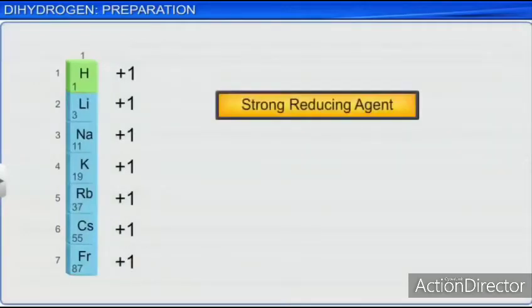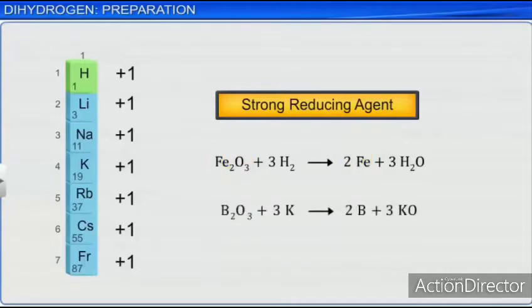For example, it reduces iron 3 oxide to iron, which is similar to the behavior of the alkali metal potassium in its reaction with boron oxide, wherein it reduces boron oxide to boron.